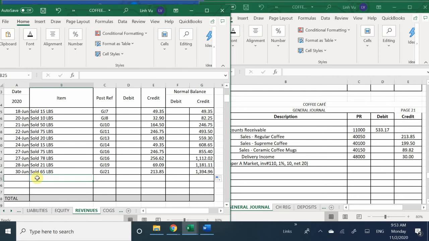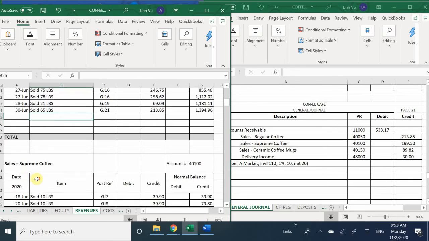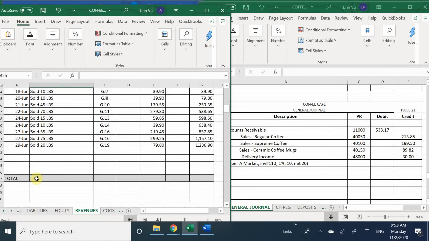And then we're gonna go to the sales Supreme Coffee, and it's June 30th. We sold 50 pounds. General Journal 21, and it's 199.50.